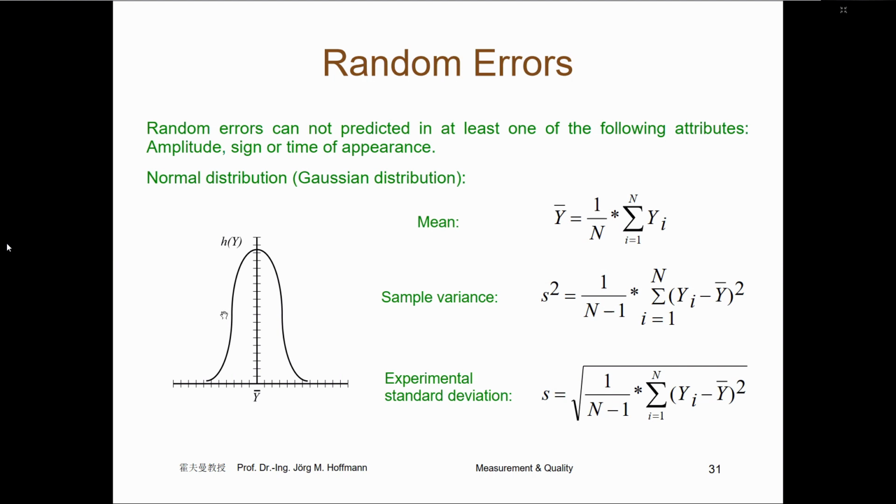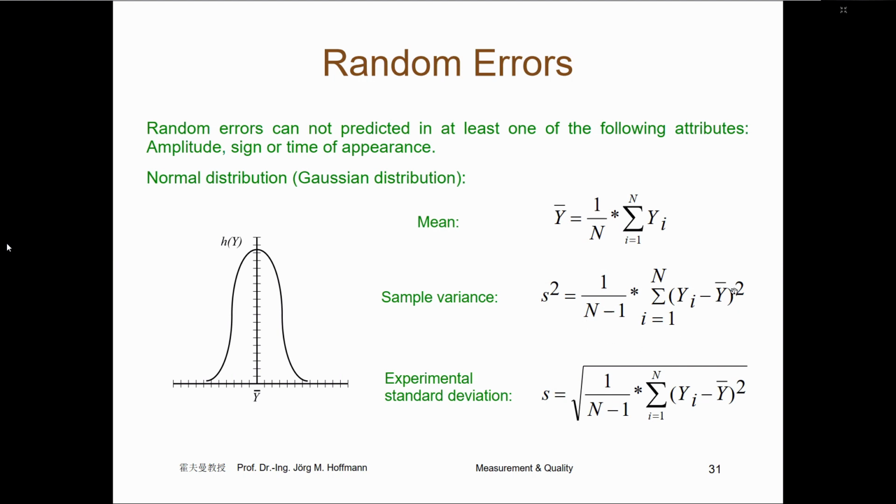How can we describe random errors? At first, we can calculate a mean. You all know how to calculate a mean. And then we can calculate the sample variance.